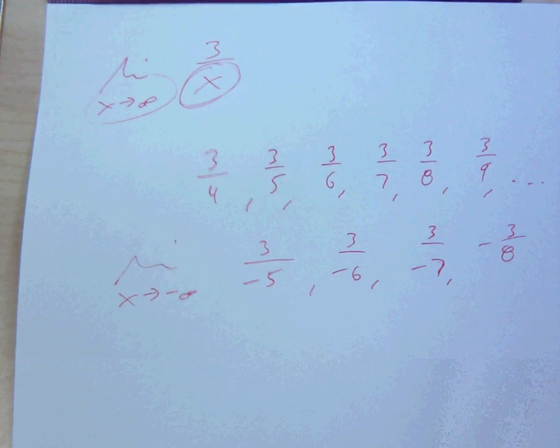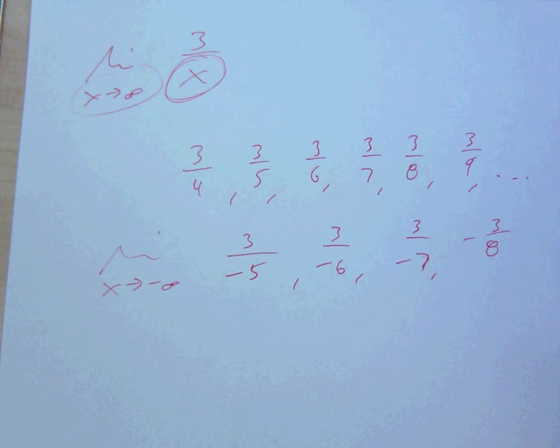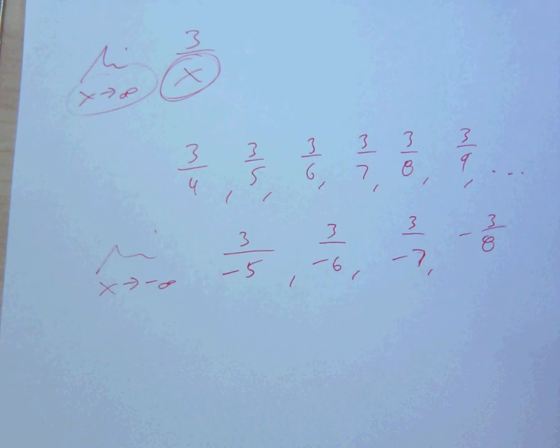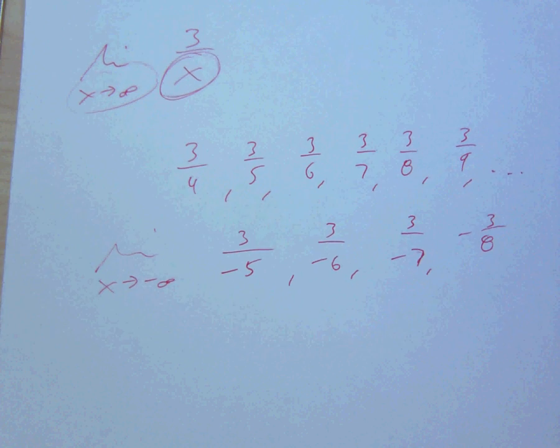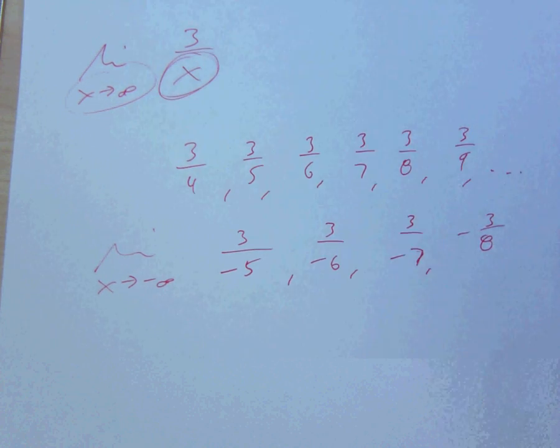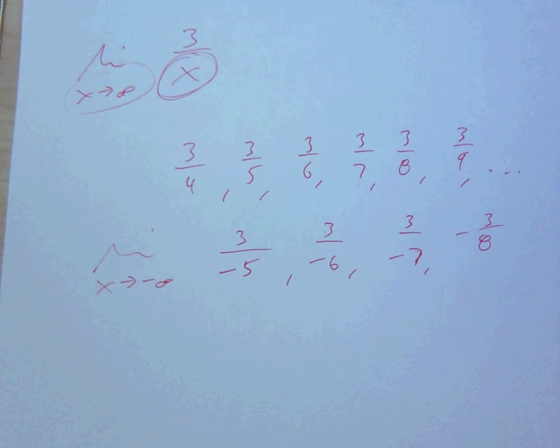It's getting smaller again, and it's approaching 0 again, except this time from the negative side, right? But they're still approaching 0. Do you agree with that? The limit is still 0, just you're approaching 0 from the left side now instead of the right side. But the limit is still 0. Got it? So that's where I got that from.